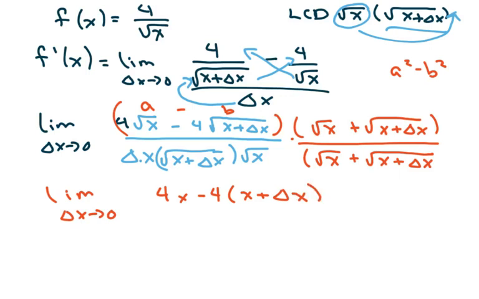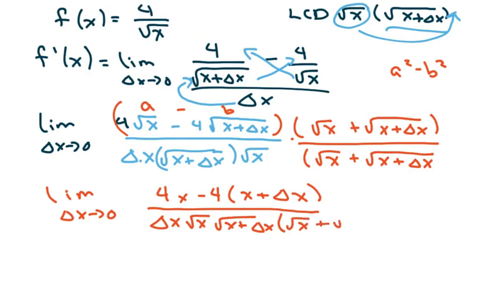Okay, in the denominator, you're going to get delta x, and this is going to be times the square root of x times the square root of x plus delta x times square root of x plus square root of x plus delta x.